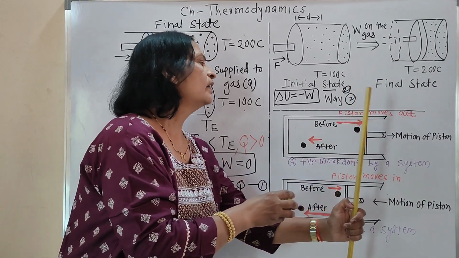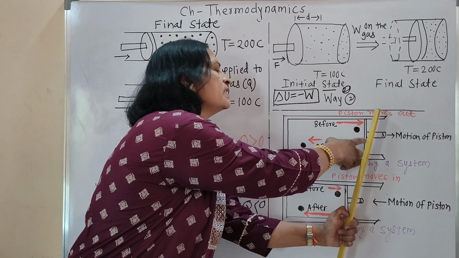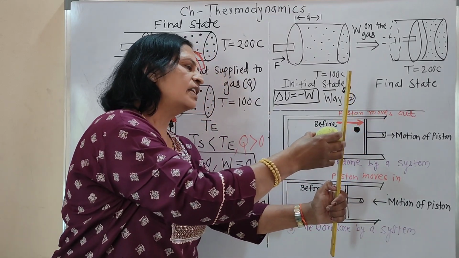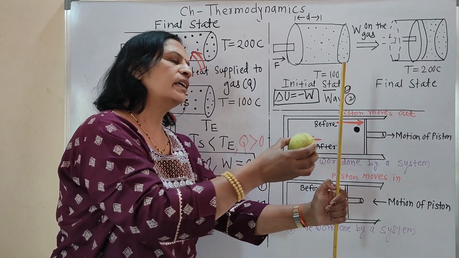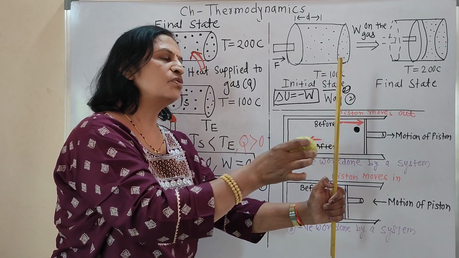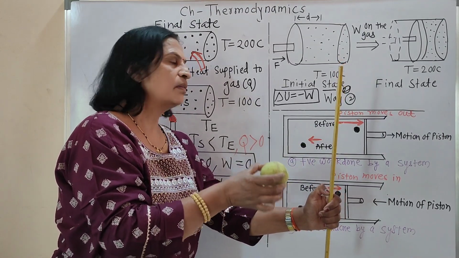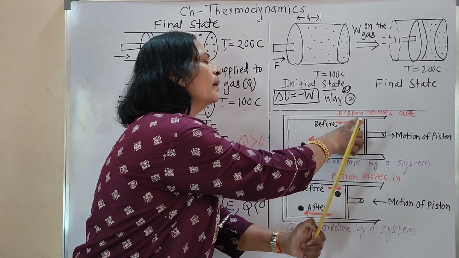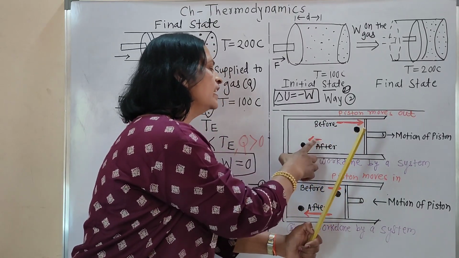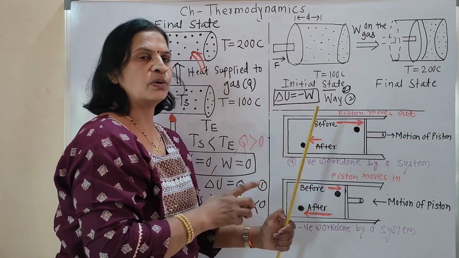Understood? After colliding, the molecule travels in this direction, but its mass remains constant and its velocity gets decreased. Means its linear momentum before collision is always greater than its linear momentum after collision.